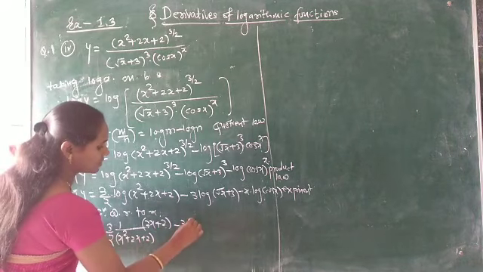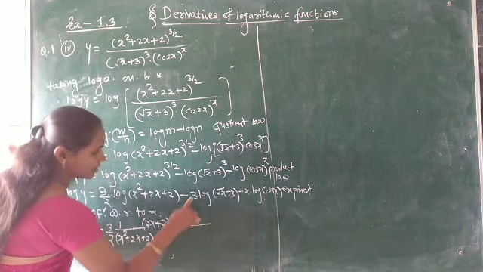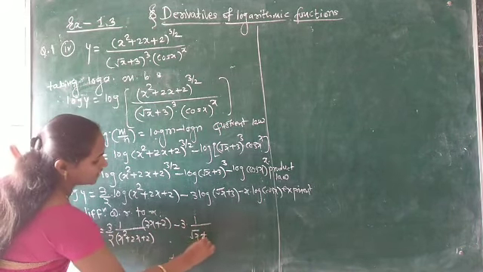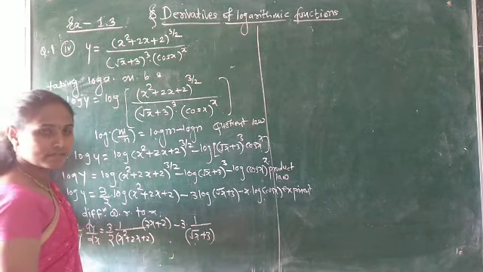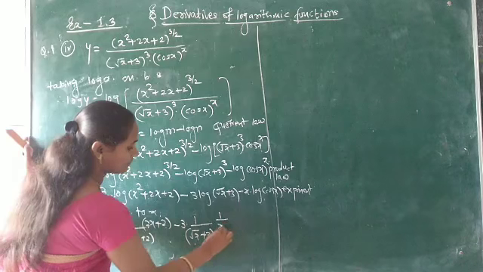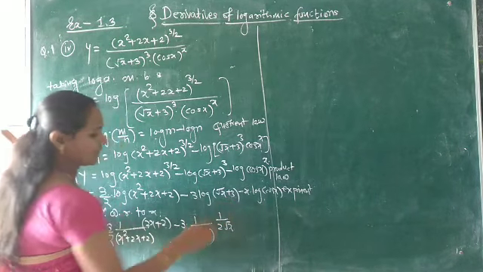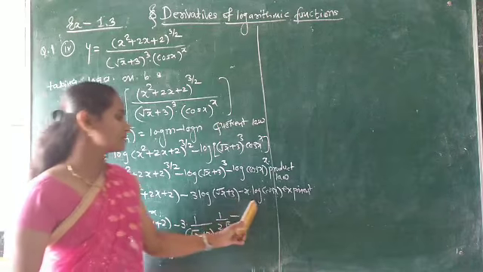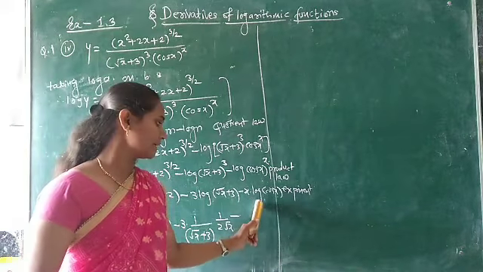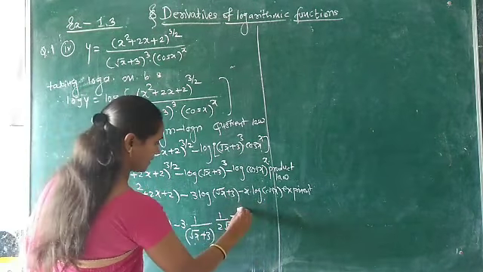Now again the derivative of log of root x plus 3 is 1 upon root x plus 3 multiplied by the derivative of root x plus 3. What is the derivative of root x? 1 upon 2 root x, and the derivative of 3 is 0. Minus, here we have to use the product rule because there are two functions, u into v.